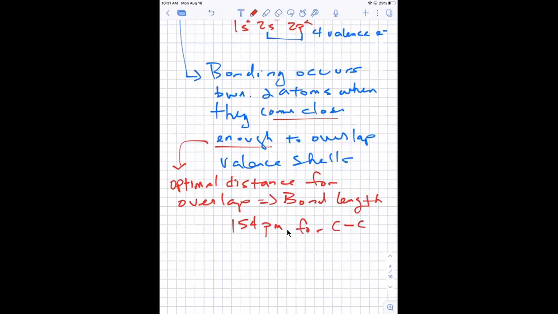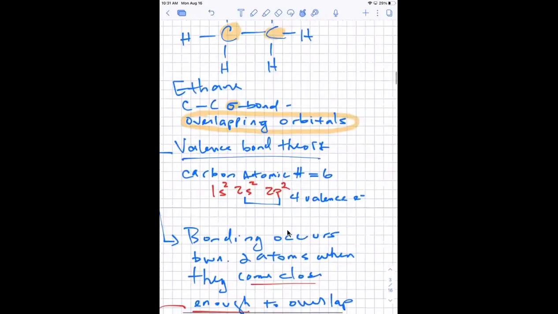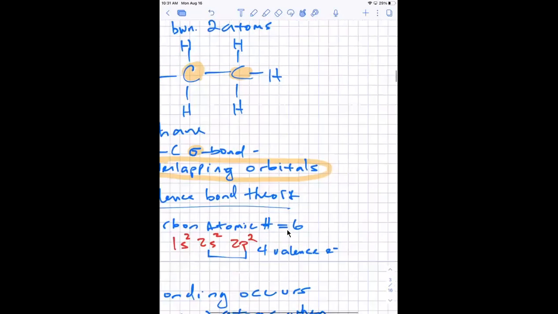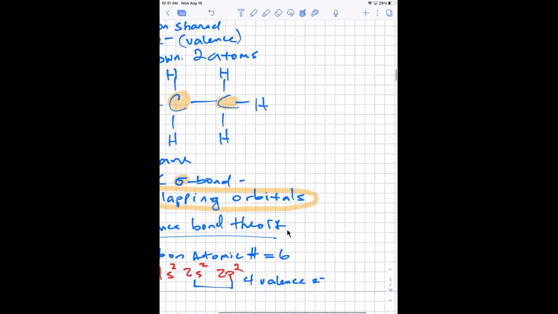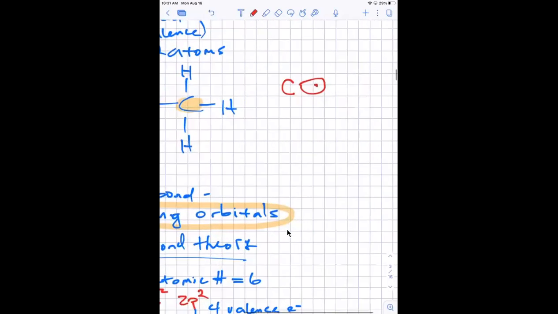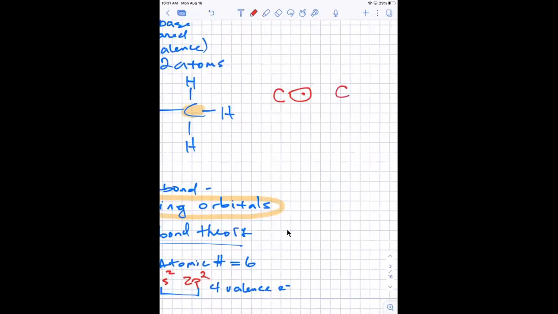All right. So let's go back to our molecule up top, ethane. In order for those two carbons to come together, I'm just going to draw a generic picture. You have an electron here, and then you have another carbon on the other side with an electron here, and those two orbitals overlap.